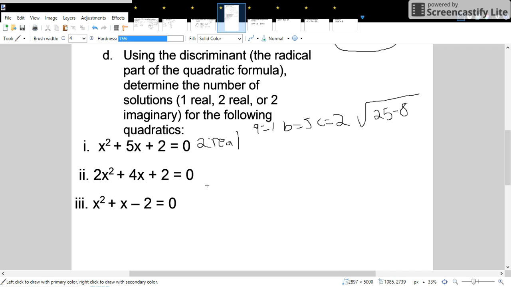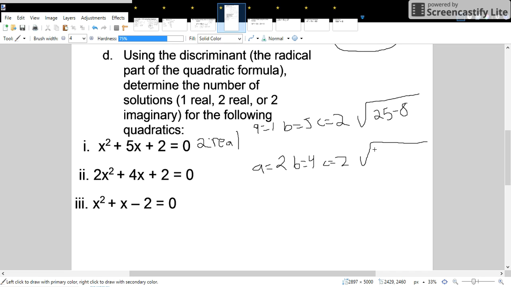On the second one, this one's also in the general form already, so we can identify our a, b, and c. So a equals 2, b equals 4, and c equals 2. So we're going to plug it into our discriminant.